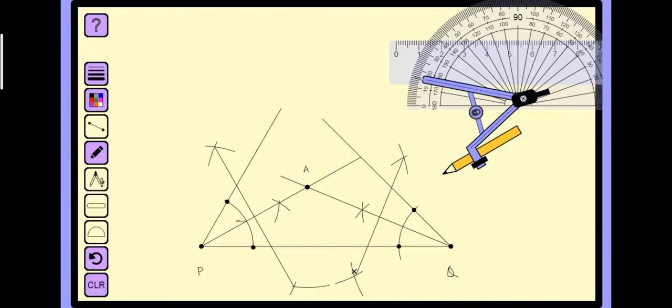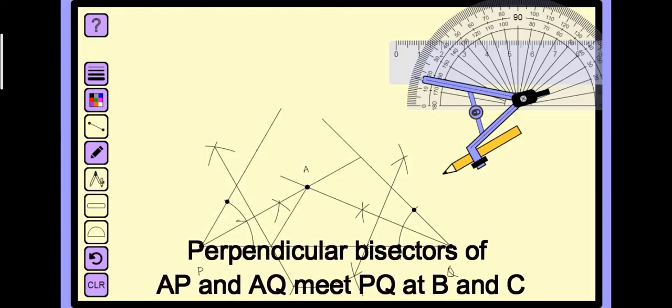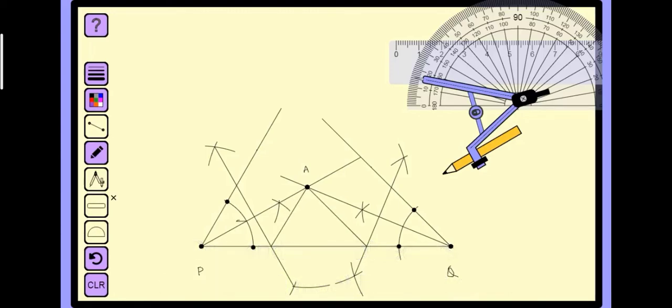Now join this perpendicular bisector arc, and whatever the intersecting point of this perpendicular bisector is with the segment PQ, that point is your B and C. Join with A. So the ABC triangle is formed. Understood?